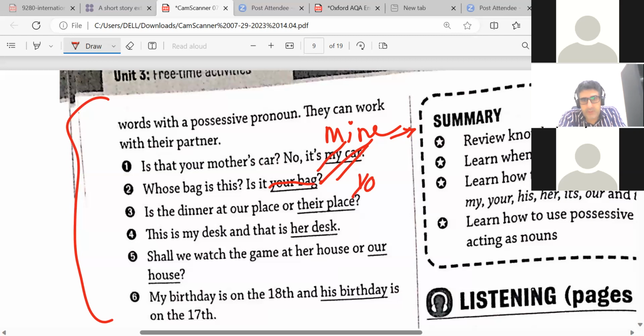Do I say is it your or yours? Your, as you saw, your bag, your teacher, your house, your car, is an adjective. Here I want a noun, so we say is it yours? Okay, Khalid, number 3. Is the dinner at our place or at their place?